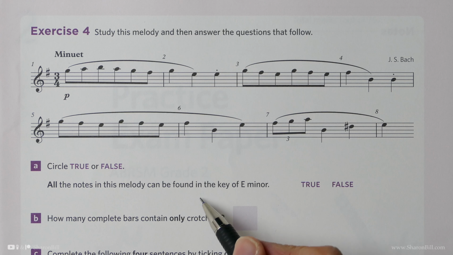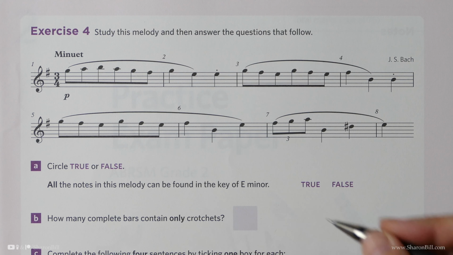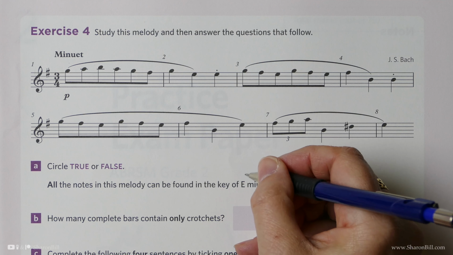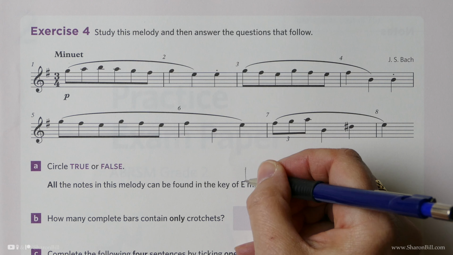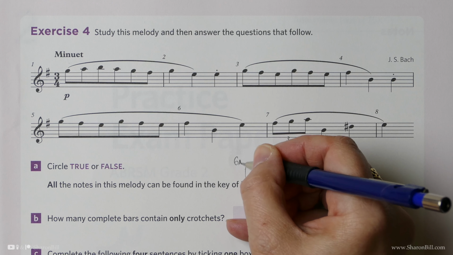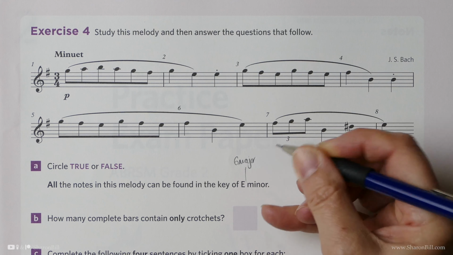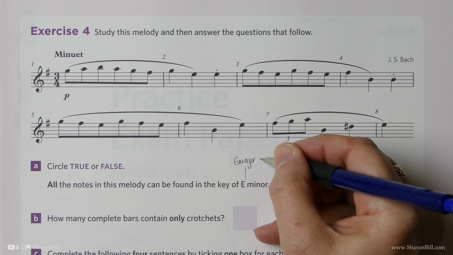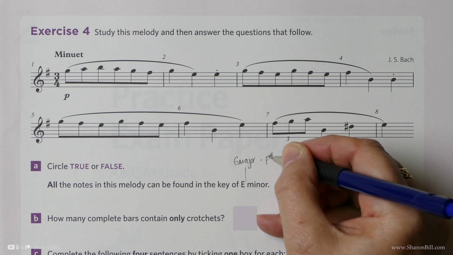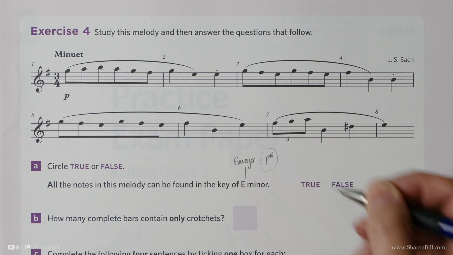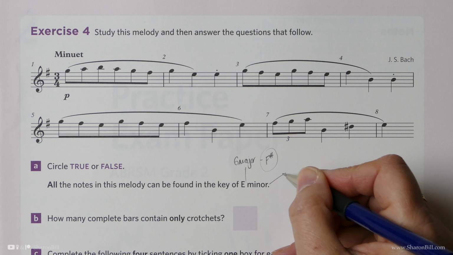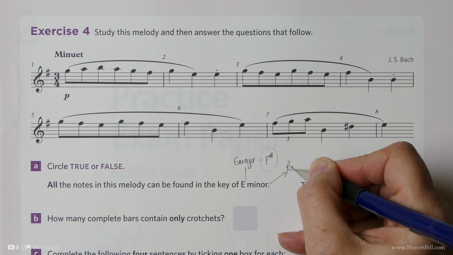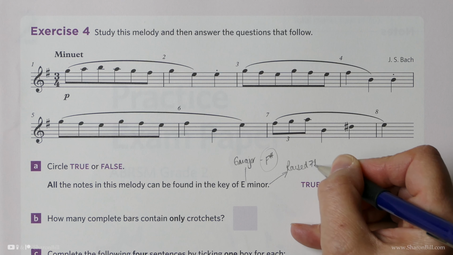Before we answer that, let's think, what should we be looking for? We know that E minor is related to the key of G major. Remember, major and minor keys come in pairs, and both G major and E minor have a key signature of F sharps. However, E minor must also have the raised seventh.